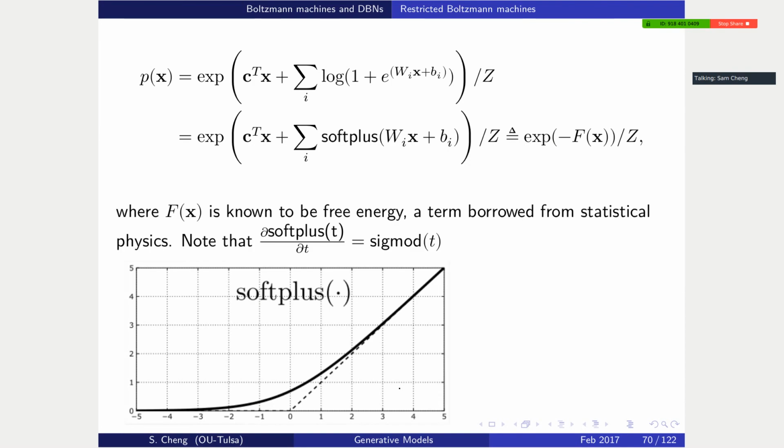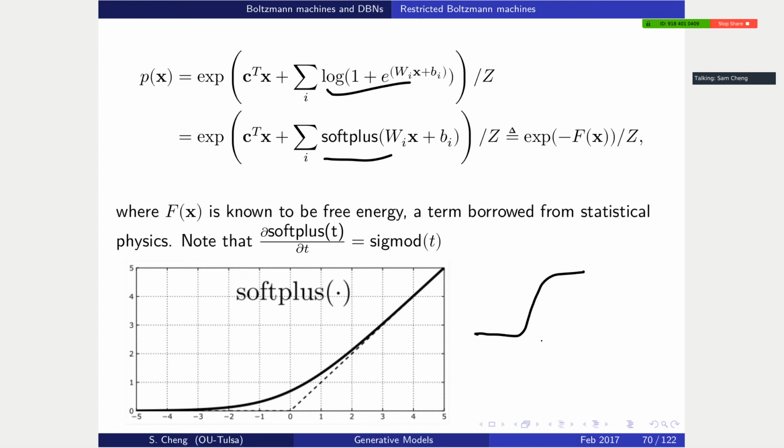And by the way, this expression has a name. It's called a softplus function. Honestly, I didn't think too much about why it's called softplus, but it's just called softplus. Now, this softplus function is just the integral of the sigmoid function.